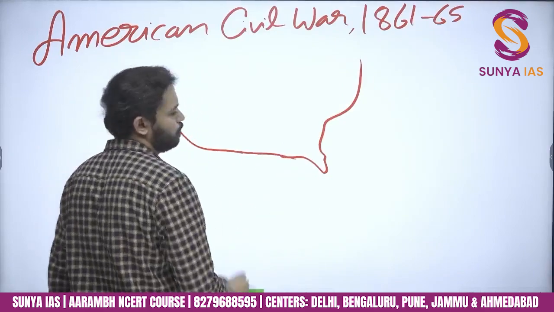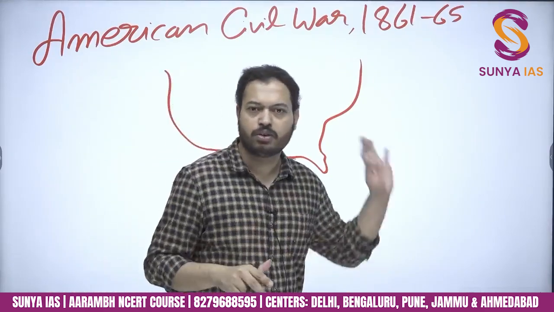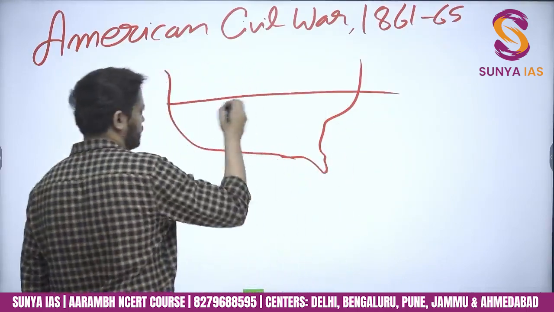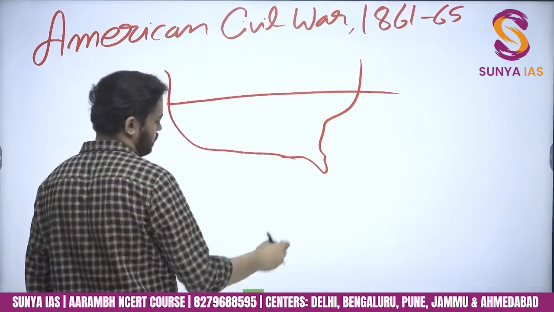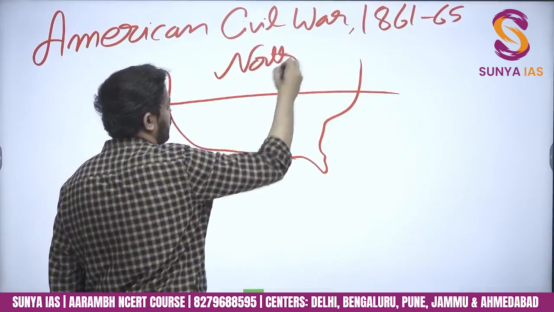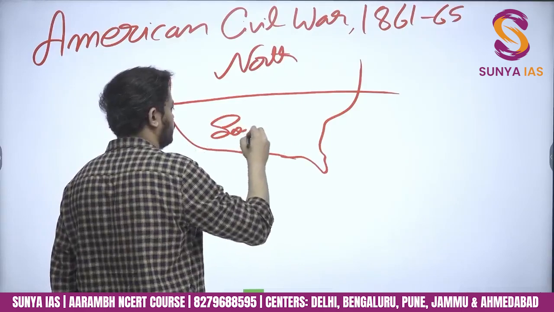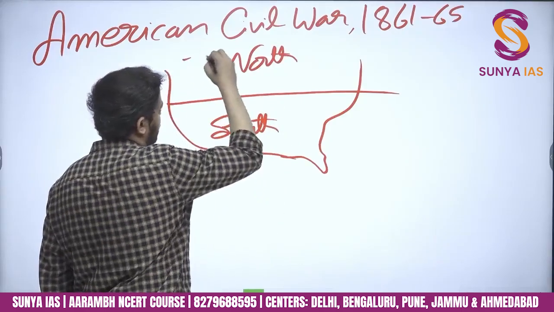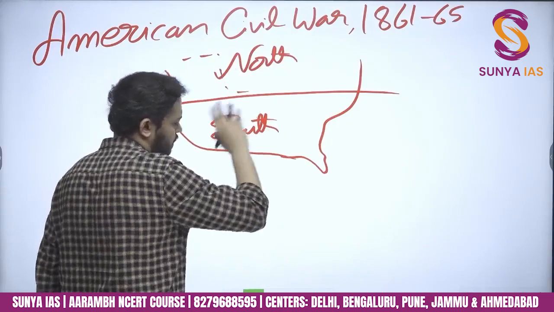Fine, this is the present day map of America, something on these lines, not exactly. These are northern states and these are southern states. The lines were not this perfect, but let us say it this way.